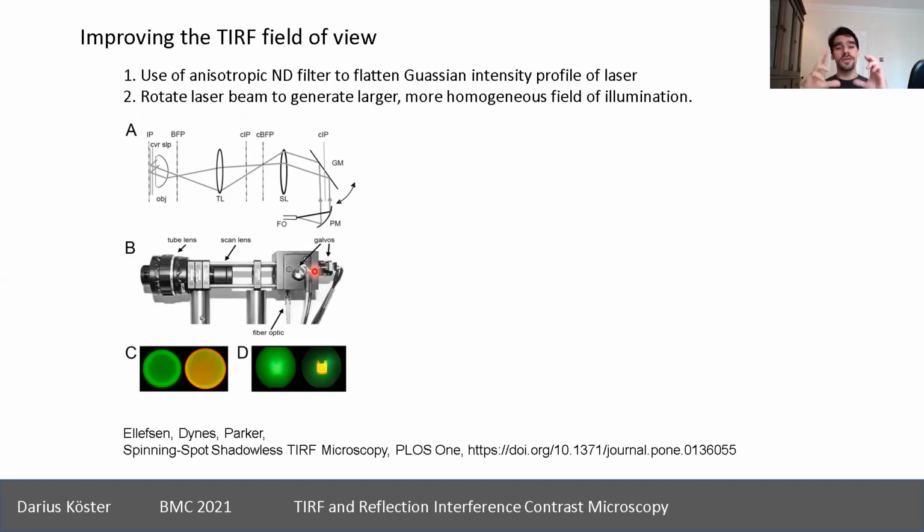Like this, you generate an effective field that is evened out, because now you're illuminating the sample from different angles very quickly, and that can generate very large fields of view that are very even. It's very nice to get a really big field of view.